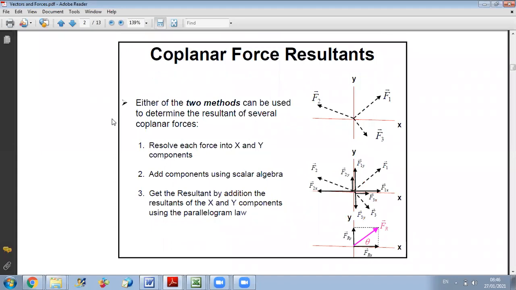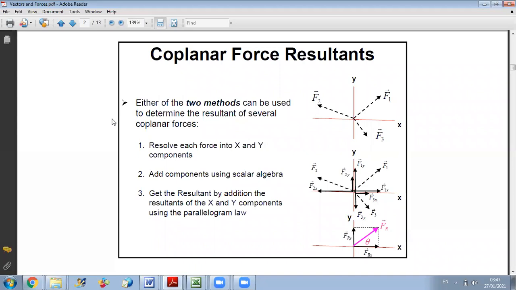So now, if I want to add vectors, I will resolve each force into x and y components. Then I will add components using the scalar method. The second method is the geometrical way: I can get the resultant by addition of the x and y components using the parallelogram law or triangle law.